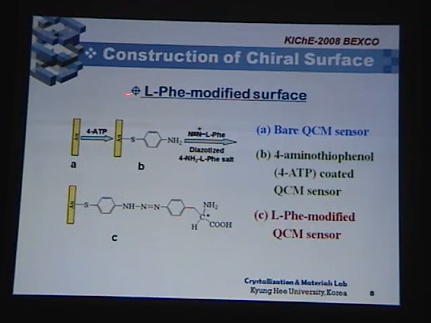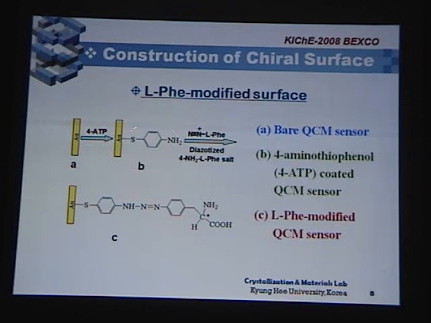In this work, we select two molecules to construct the chiral surface. Here shows the construction of alpha-phenylalanine modified surface. It was composed of two steps.